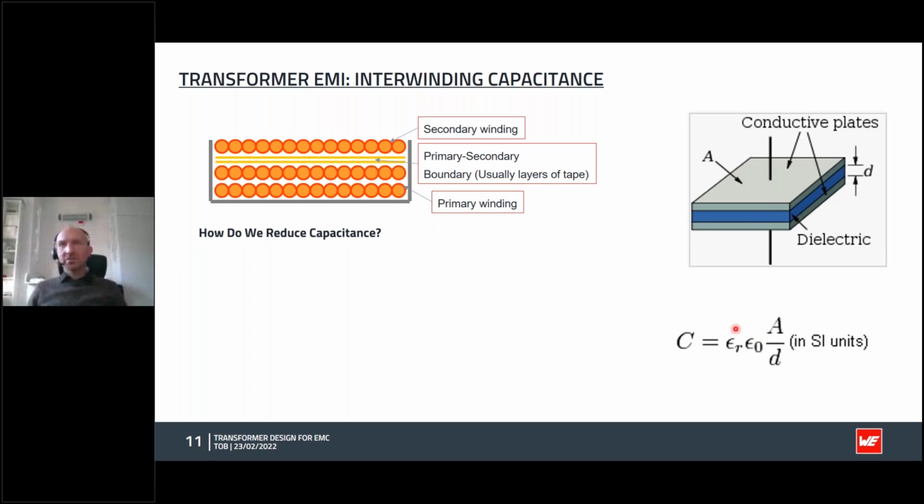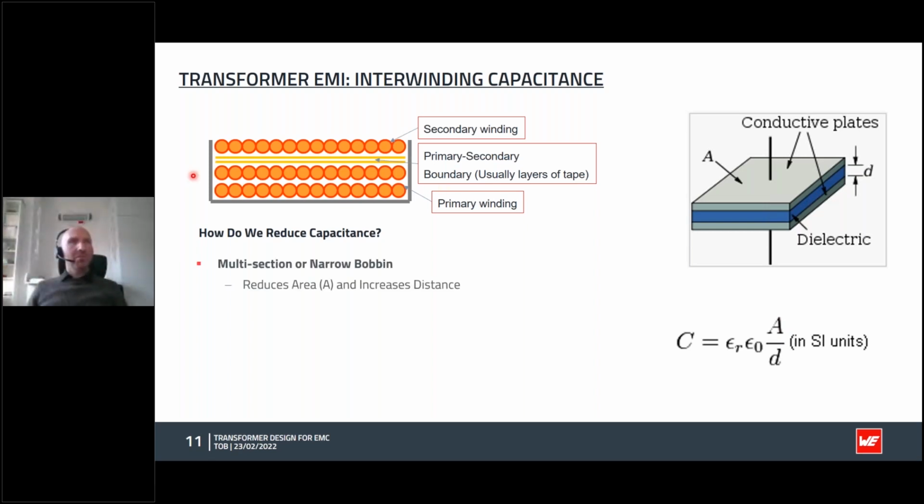So we have just this one we can play with. We have the area of the plates we can play with, so we can make this area bigger or smaller. This is the area that's overlapping, which is the area we're concerned with. And we have the distance between the two plates, and that's something we can look at as well.